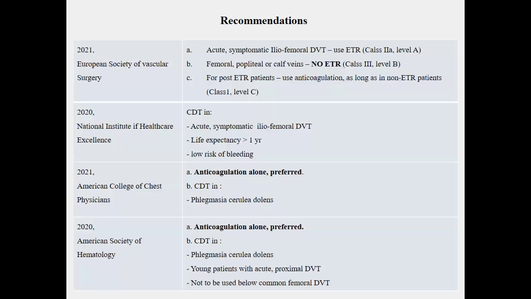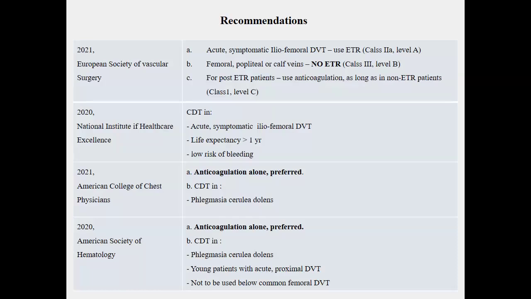So there are a few recommendations that prompted our role, or the interventional radiology role, in the setting of acute deep vein thrombosis. A few benchmark recommendations are the 2021 European Society of Vascular Surgery and 2020 National Institute for Health and Care Excellence recommendations, where they prompted the role of catheter-directed therapies in the setting of acute deep vein thrombosis.